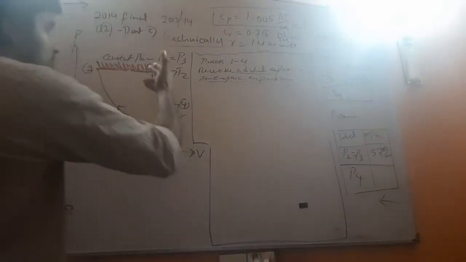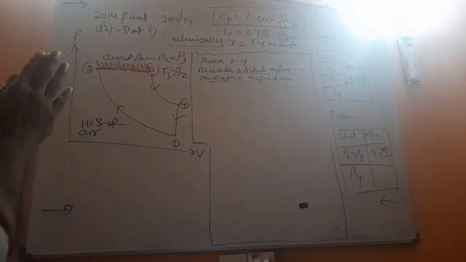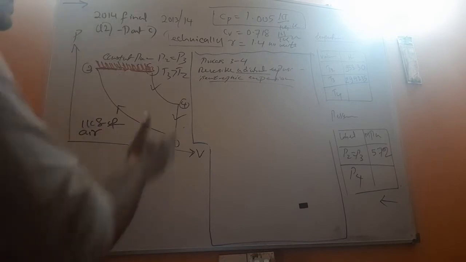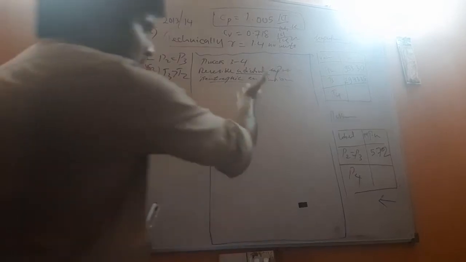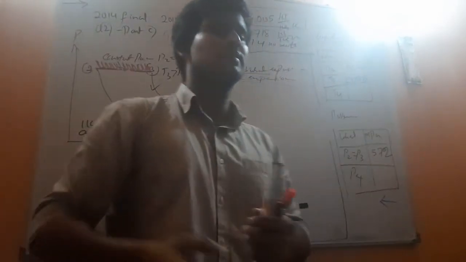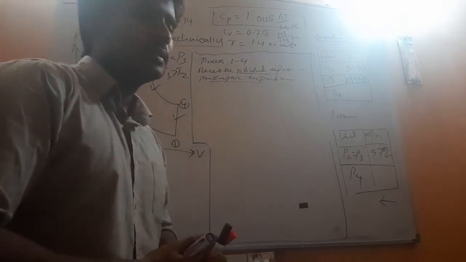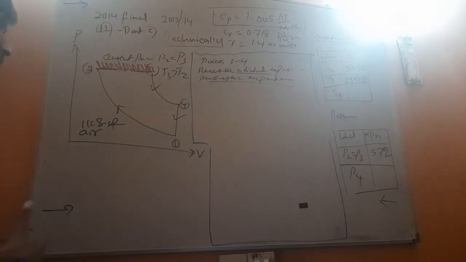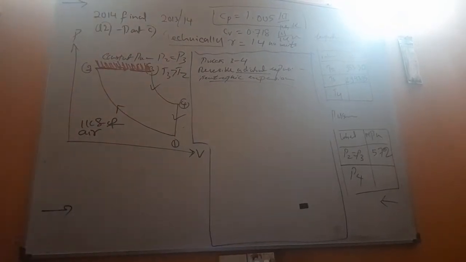Now you know P3 to P4 is an adiabatic process, so you can use adiabatic relationships, but when we analyzed those three equations, there were lots of missing values, where we cannot find the required variable. So for that we can use something.